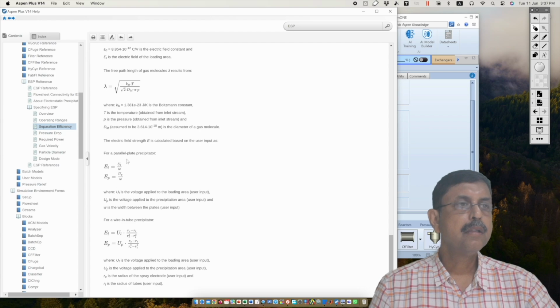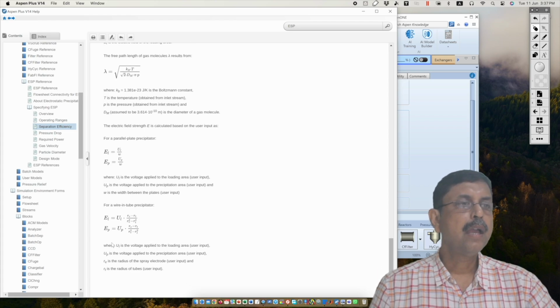So these things are given for both parallel plate and tubular type precipitators. And once you know the values of UL and UP, W is the width between the two plates. It is also a user input. So these are the user inputs: width, UL, UP.